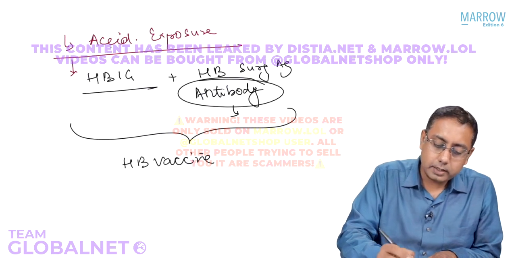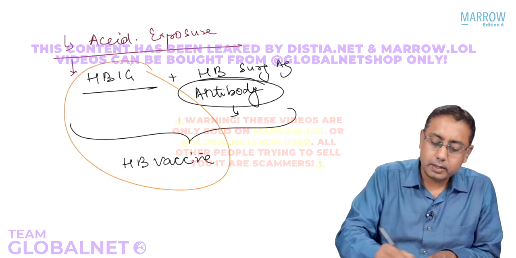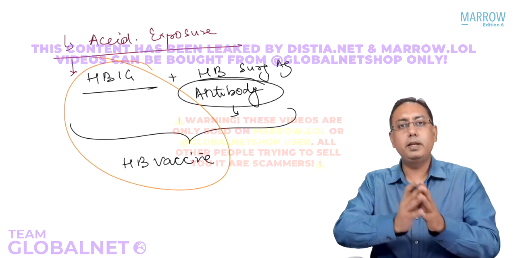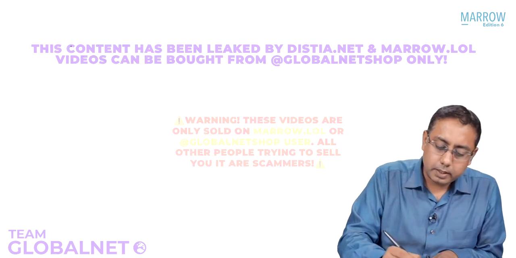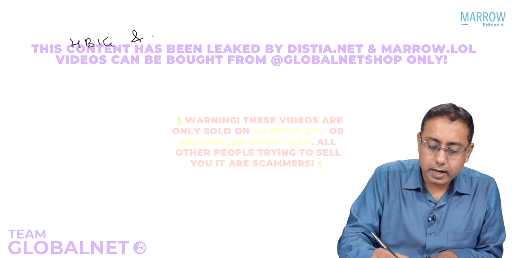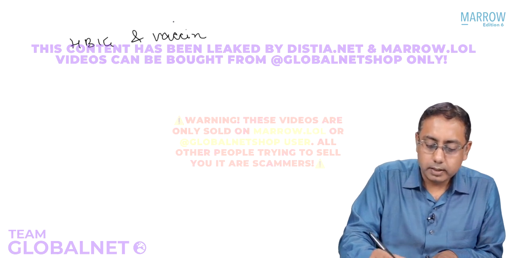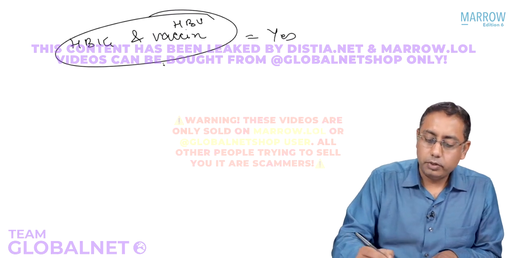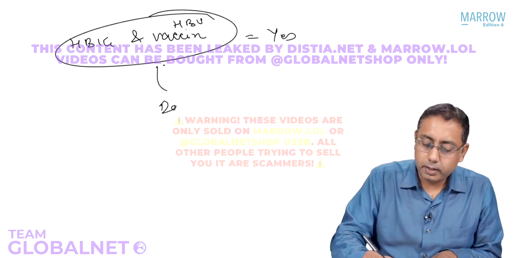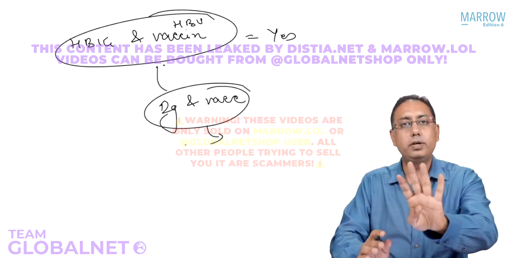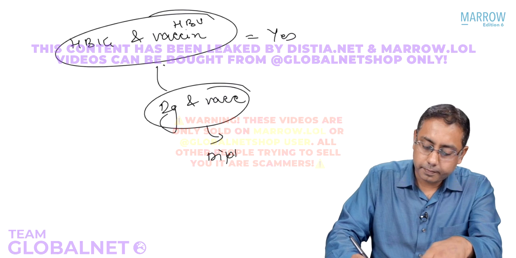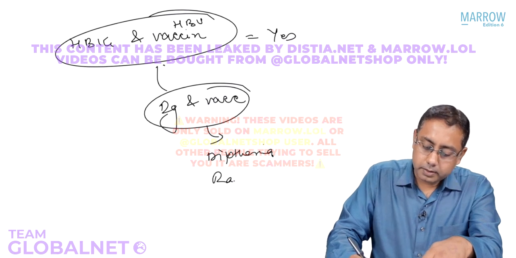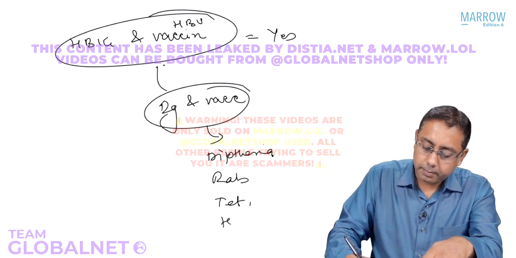A lot of times I get this question, especially on social media, that can we give hepatitis B immunoglobulin and vaccine together? Answer is yes, it can be given. Do you know that any immunoglobulin and the vaccine can be given together specifically in 4 diseases, that is diphtheria, rabies, tetanus and hepatitis.